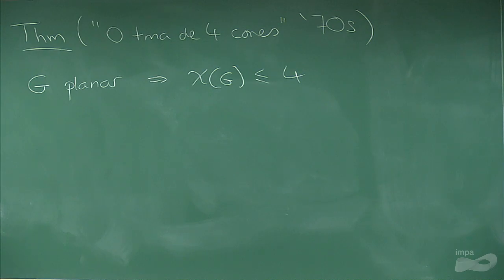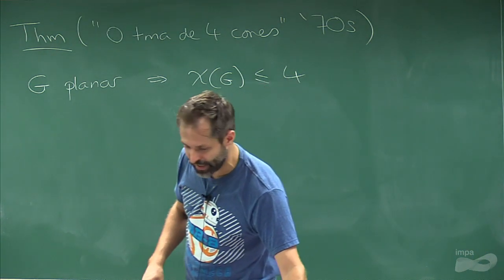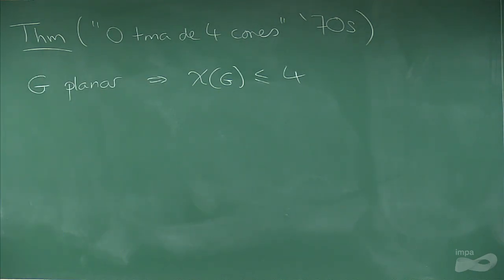The proof is an extremely complicated case analysis, which was done partly with a computer. They reduced the problem to 2,000 cases or something, and then instead of going through them one by hand, they just plugged them into a computer. So it was an early application of computer-aided proofs.